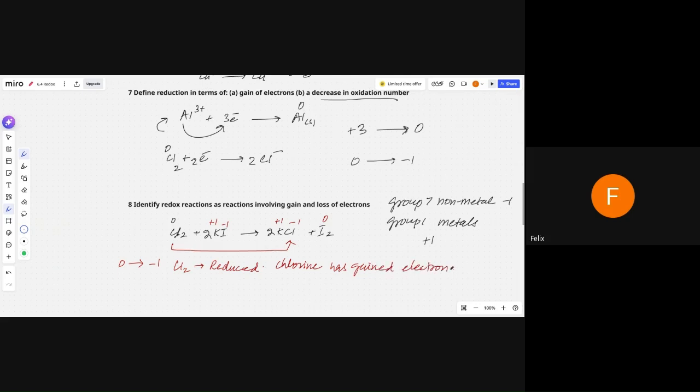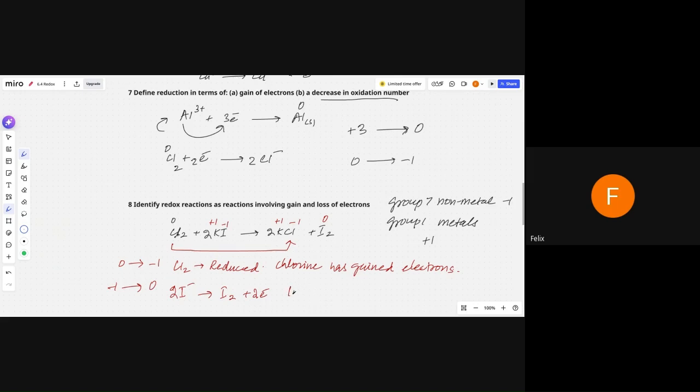Similarly, if you look at iodine, in potassium iodide it is -1, and from -1 it is changing into 0. That is an increase in the oxidation number, and that happens when electrons are lost. So I can write the ionic equation or the half equation: 2I- changes into I2 plus 2e-.